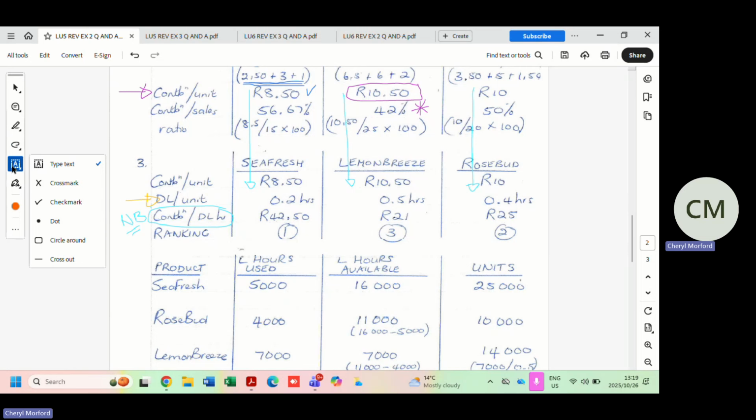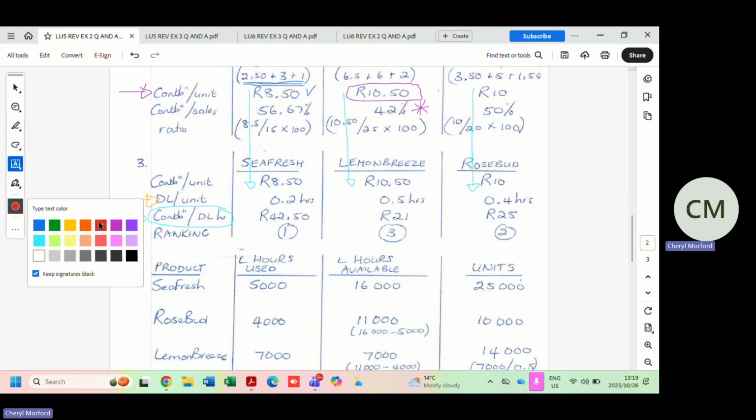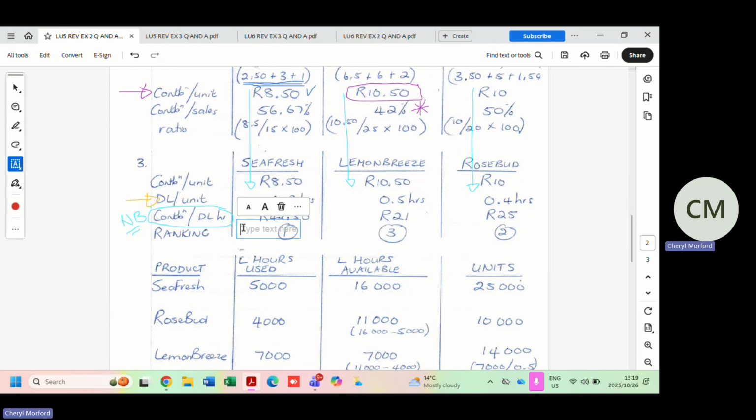Perhaps I should just type that there, so you make sure you don't miss it. How did I get that? It was the contribution of 8.50, but I must divide it by 0.2. And that gives 42.50 Rand.